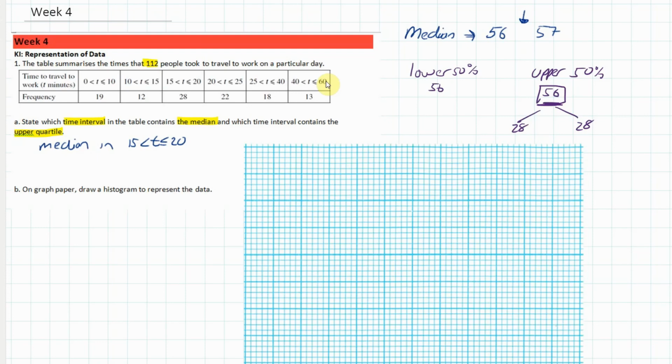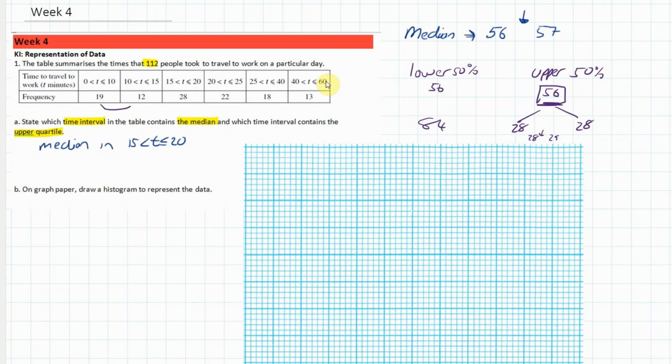We're looking for the 28th and 29th, and it would be in between those. So all we need to do is go 56 plus 28 and see where that takes us. 56 plus 28 gives us 84, so we need to find out where the 84th and 85th term is.